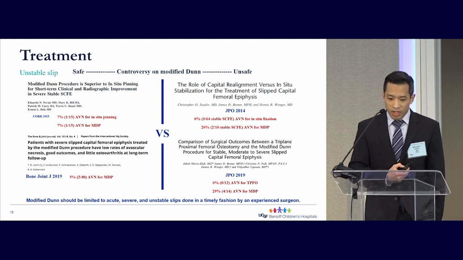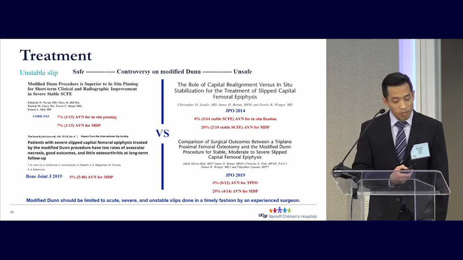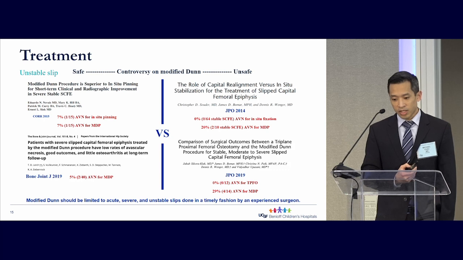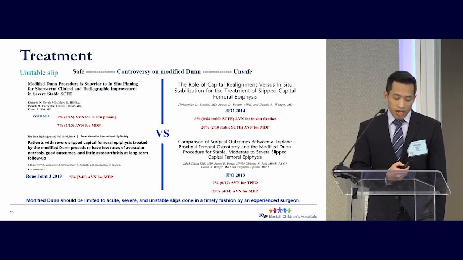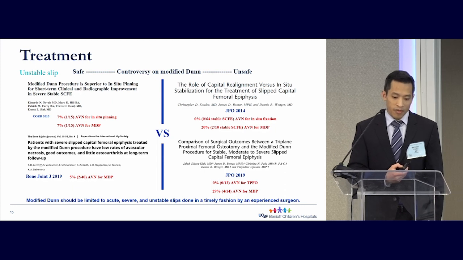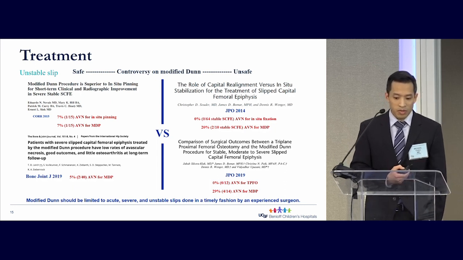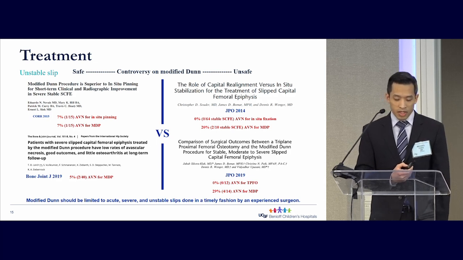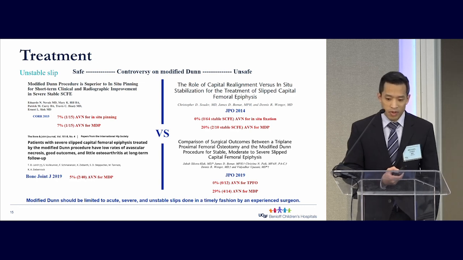In the literature, there are studies that have described low rates of AVN using the modified Dunn procedure, but there are also studies that show up to 20 to 30% AVN rate. And therefore, at this time, modified Dunn procedures should really only be limited to the acute, severe, and unstable slips and performed in a timely fashion, ideally less than 24 hours by surgeons who are experienced with this technique.